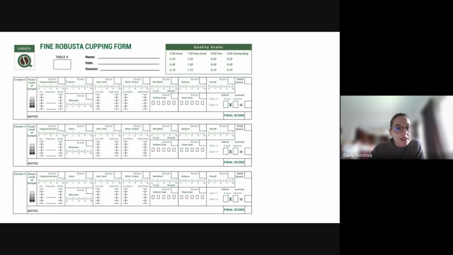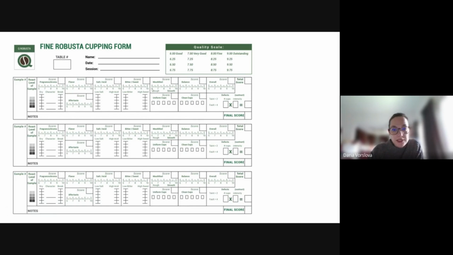So for Robusta we have fragrance and aroma, the same flavor and aftertaste, but no acidity as a separate criterion. Instead it has a ratio between salt and acid, and between bitter and sweet, which in terms of basic taste makes it even more complex than Arabica. Then mouthfeel, balance, and only 2 discrimination criteria, uniform cups and clean cups, no sweetness, and overall.